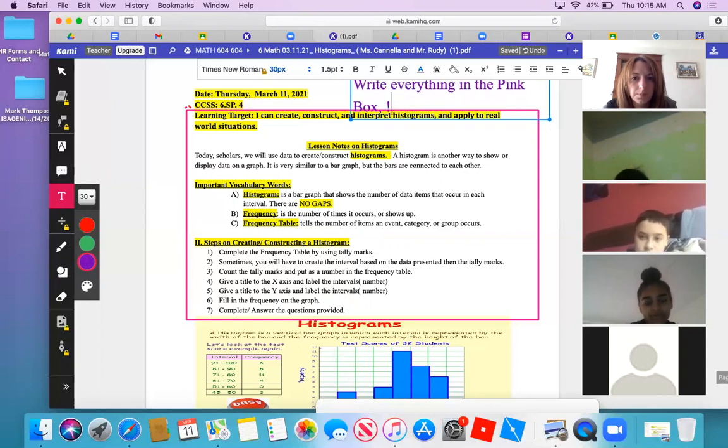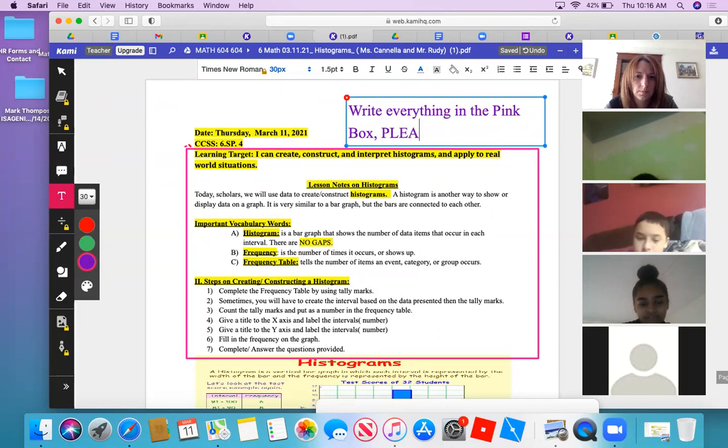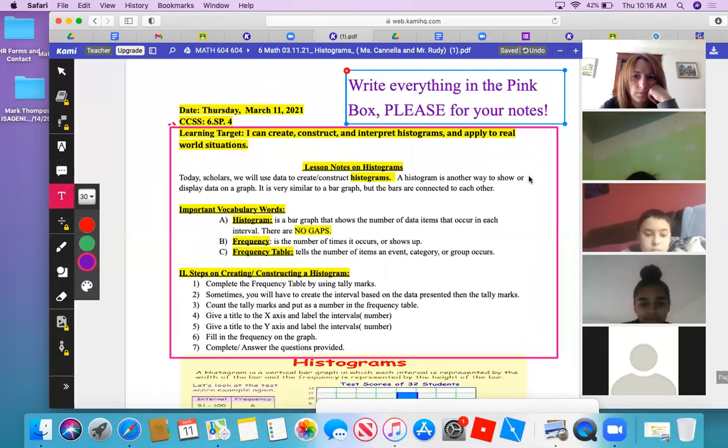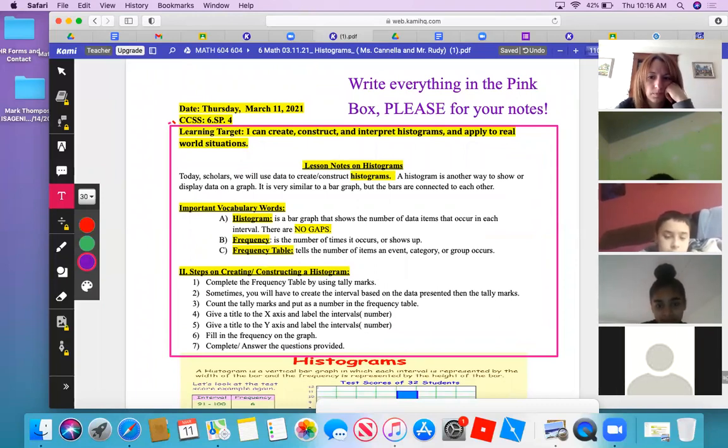Important vocabulary words. Histogram is a bar graph that shows the number of data items that occur in each interval. There are no gaps. Frequency is the number of times it occurs or shows up. Frequency table tells the number of times an event, category, or group occurs.